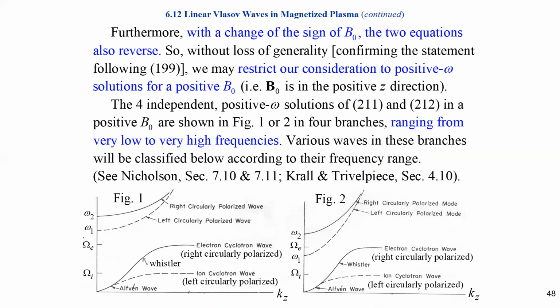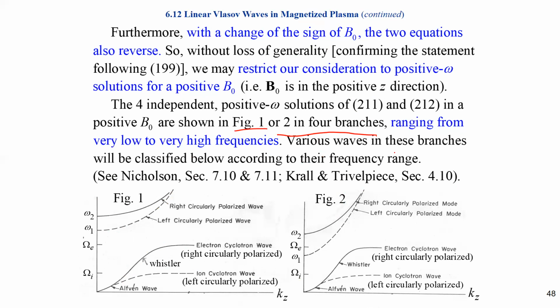The 4 independent positive omega solutions of these 2 equations in positive B0 are shown in figure 1 or figure 2 as 4 branches. That's the first branch, second branch, third branch, fourth branch, ranging from very low to very high frequency.